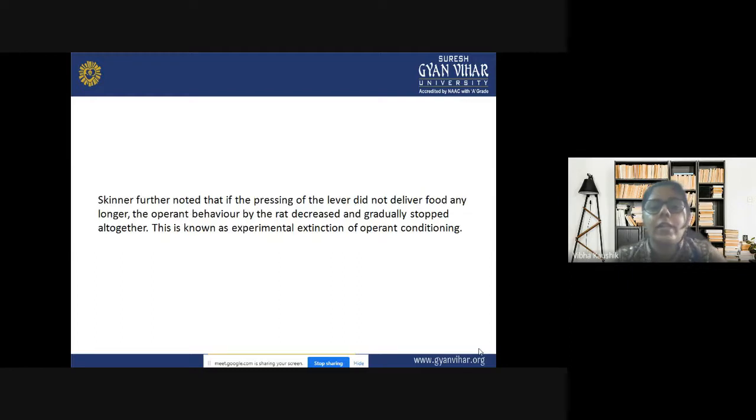Skinner further noted that if the pressing of the lever did not deliver food any longer, the rat would not get the food. The operant behavior which the rat has learned will decrease and gradually stop altogether.